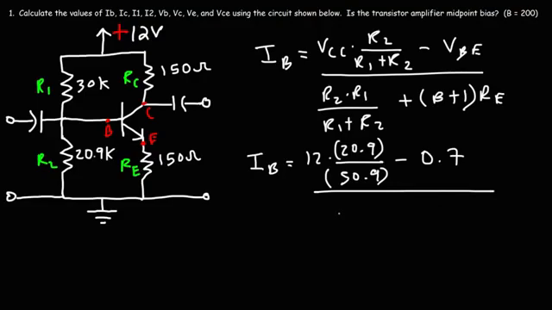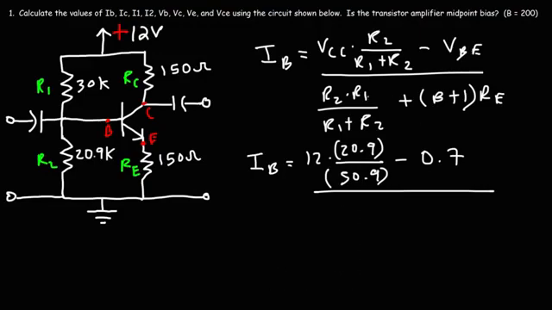Now R2 times R1. For this part of the formula, you want to plug it in ohms, not in kilo ohms, because R2 times R1 is going to be kilo ohms times kilo ohms, and R1 plus R2 is kilo ohms. You're going to get kilo ohms squared over kilo ohms, which won't completely cancel.